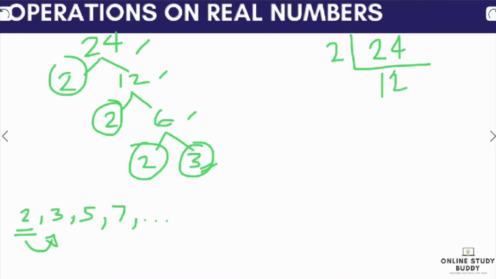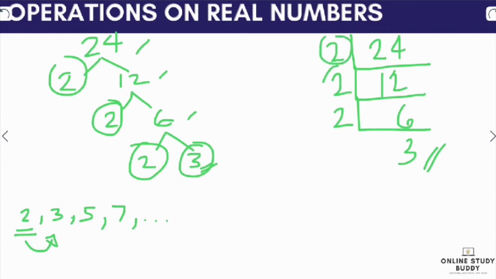And then, i-divide natin yung 12 by 2. 12 divided by 2 equals 6. Then, i-divide natin yung 6 by 2. We have 3. Again, since prime number na yung last na result natin, wala na siyang ibang factors. So, titigil na tayo dito. So, we have 2 times 2 times 2 times 3.